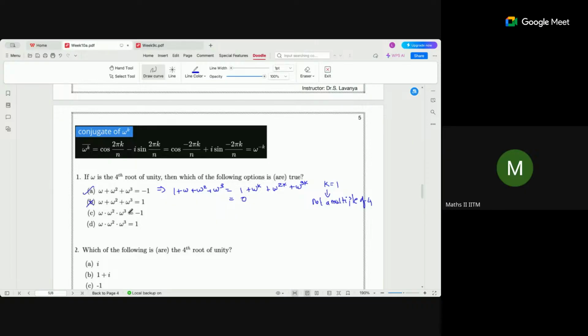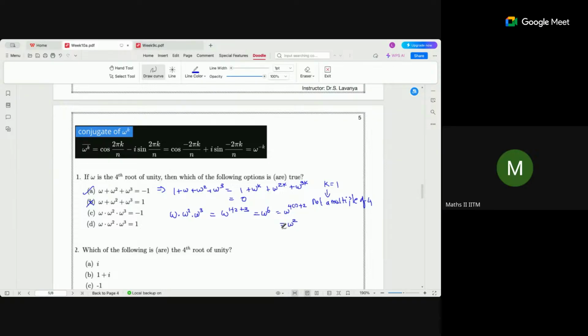Now here, what is the left hand side? You have omega into omega squared into omega cube, which is omega power 1 plus 2 plus 3, so omega power 6. Now omega is a fourth root of unity, so you can write 6 as 4 plus 2. So this is the same as omega power 2.